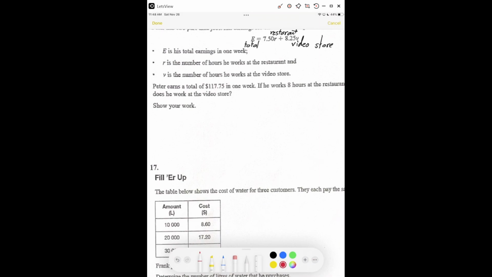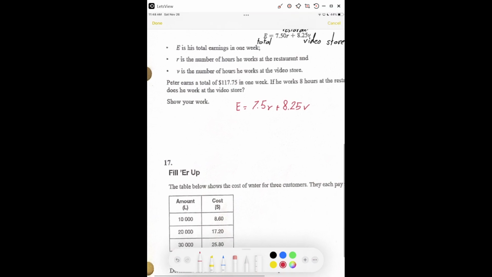Let me write this in red. E is equal to 7.5R plus 8.25V, right? Now let's begin.